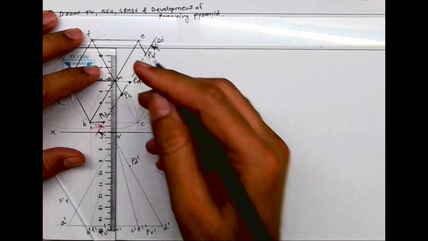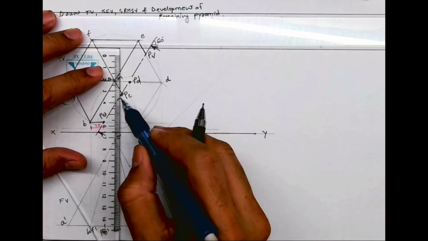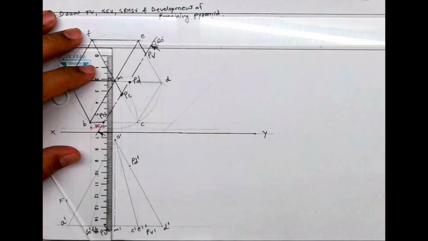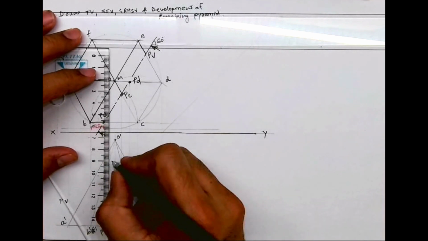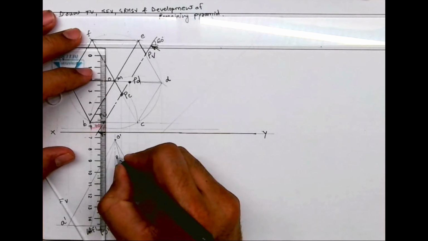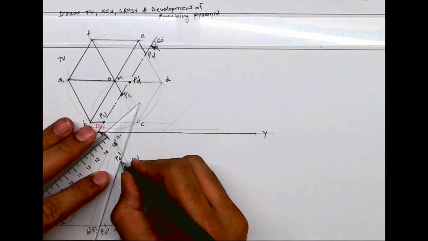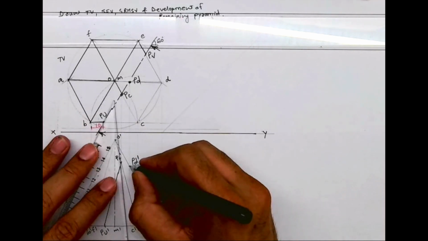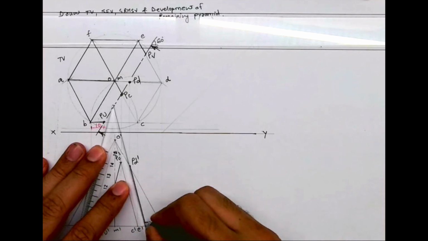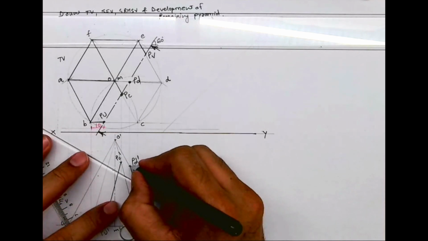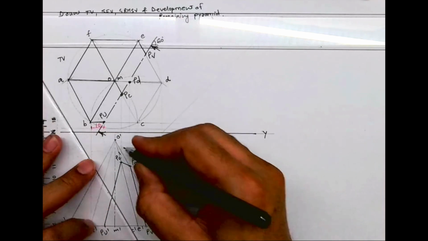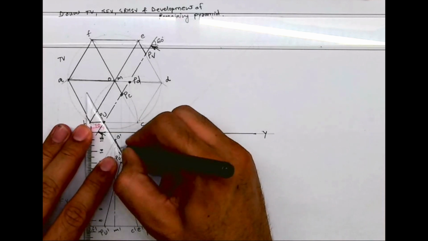Then you project this straight down. Then we have point PC that you project straight down. Wherever it will cut on O dash C dash, that is PC dash. Then you join this. So this is what you will get. Sectional front view.